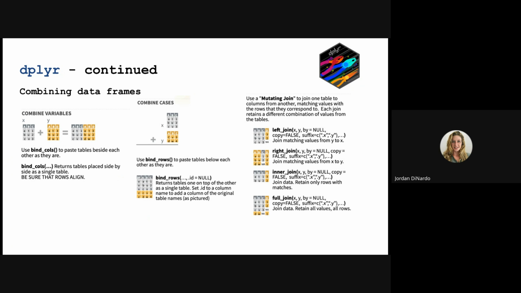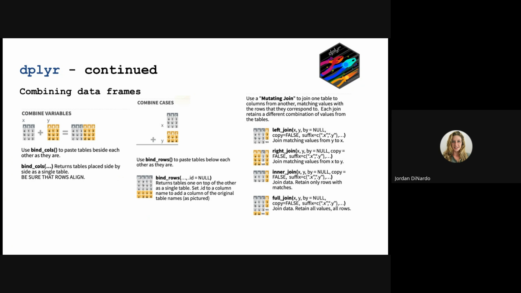So this is where you can use left join or right join, and that really just means whatever argument comes first, you're going to join argument 2, or y, to x, which are data frames, and then you indicate by, which is the variables that you want to be matching and corresponding to each other.